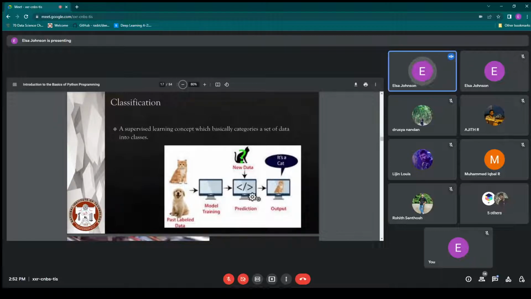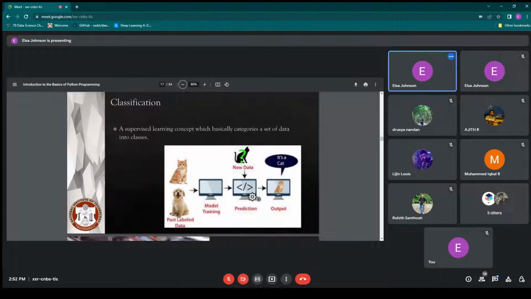So supervised, as you all know, you might be having a label. Okay, you might have a set of data, and based on the different features, you might be having a label for the data also. So based on this label, your model will be trained, and when a new data is given, then the prediction will happen, and you will give an output saying whether it's a cat or a dog.